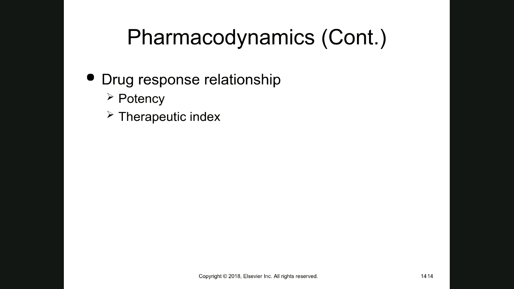The drug peaks occur when it reaches the highest concentration in the blood, indicating the rate of absorption, so draw peak levels at the appropriate time based on the route. The duration of action is the length of time of the drug's therapeutic effect.